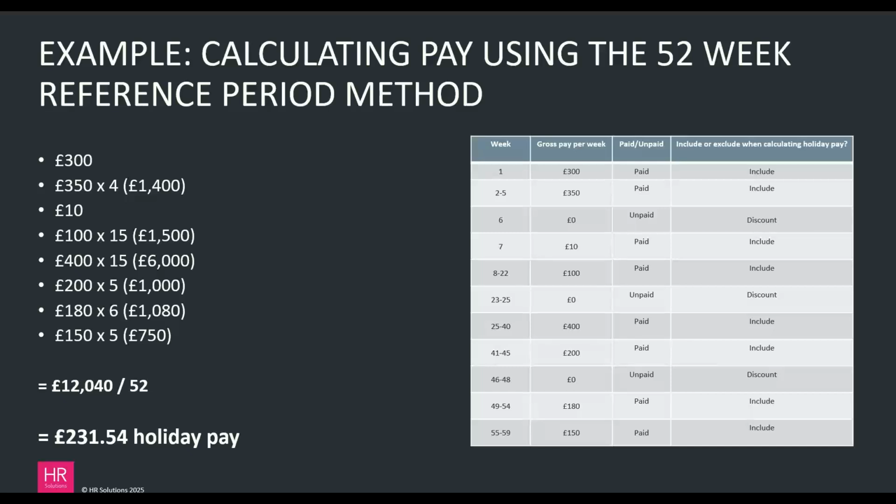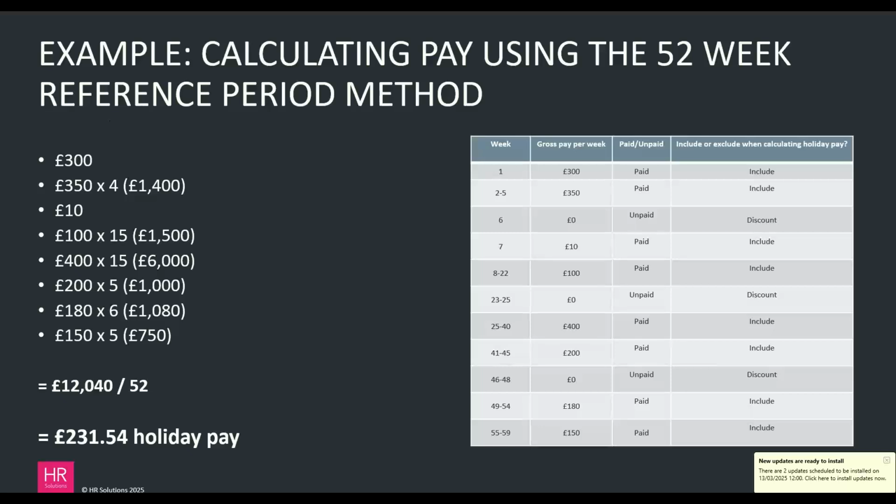To get the average weekly pay, you then have to divide it by 52 weeks. So that is saying that that individual received £231.54 in holiday pay. That's a week's pay.